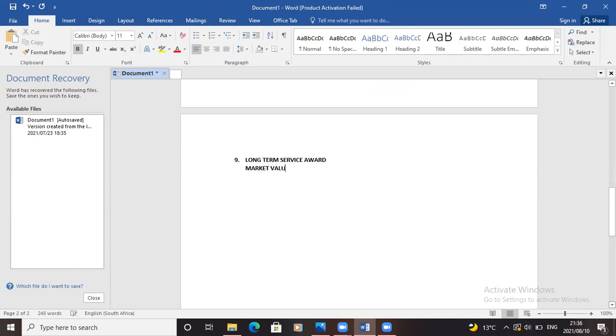So you take your market value, which is 6,500, minus the cost price. If there is a cost price, make sure it's less than 5,000. If it's more than 5,000, minus 5,000, the standard exemption. So if there is no cost price, you're going to subtract the exemption for long-term service awards which is 5,000 to be able to get the taxable benefit.